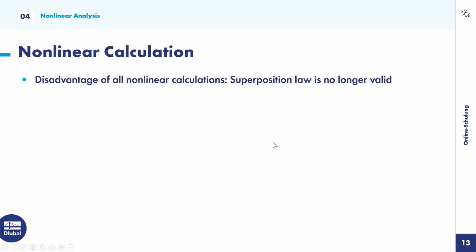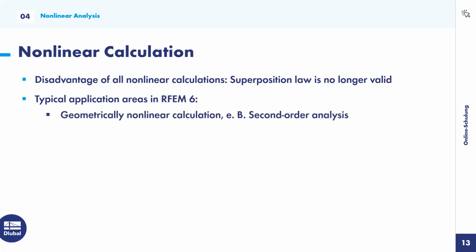The problem is now with nonlinear systems, this is not possible anymore, because the loading from the first load case can influence the system in a way that it changes its behavior for the other loading. That can happen with different applications. One would be the geometrical nonlinearity.